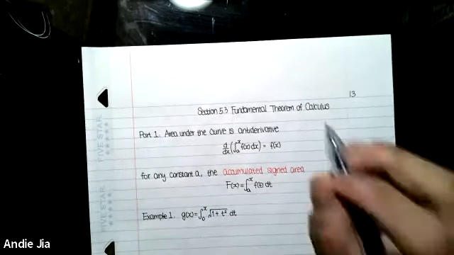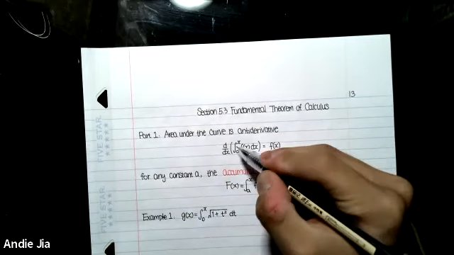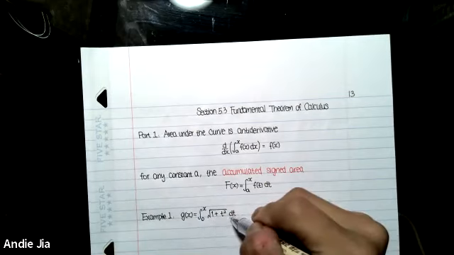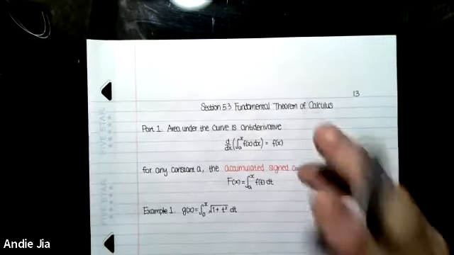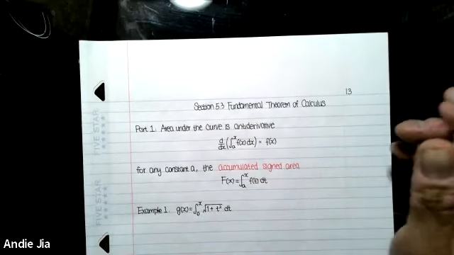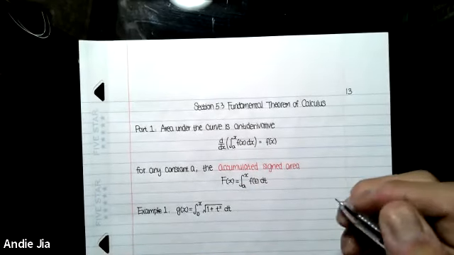And according to part one, the derivative of this is just the function itself, but substituting the variable t with x.